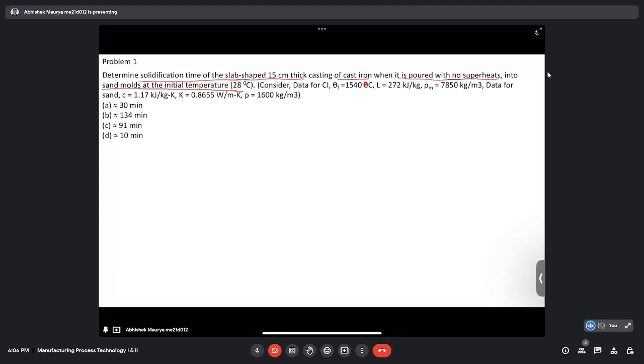Here we have a slab whose thickness is 15 centimeter. Since other dimensions are not given, we can assume that they are very, very large. It means this is the problem of a thin slab or thin casting.